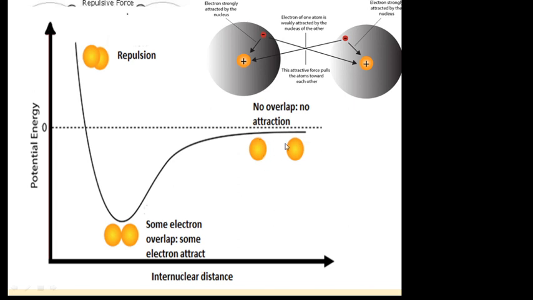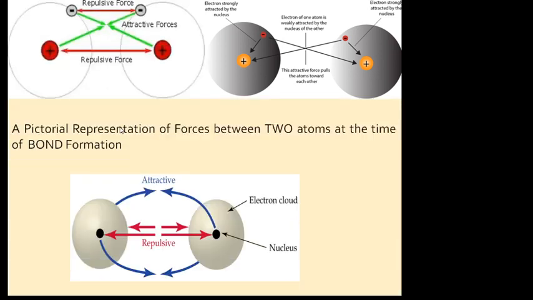When they are very far away from each other, attraction forces are in the picture. Here, at both extreme conditions, only one of the two forces is available, meaning it is dominating. But there is one situation where the potential energy will be negative or the force will be zero, that we will see, and this is basically the situation where the bond will be formed. Okay, let us see that one.